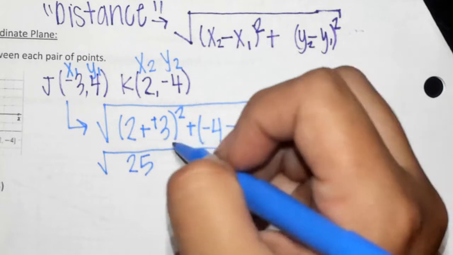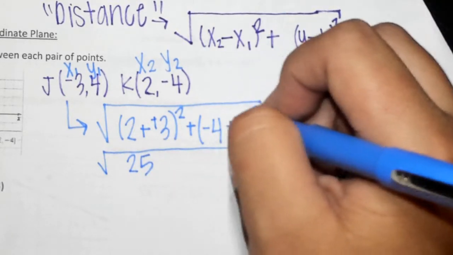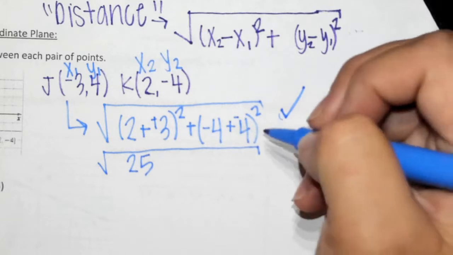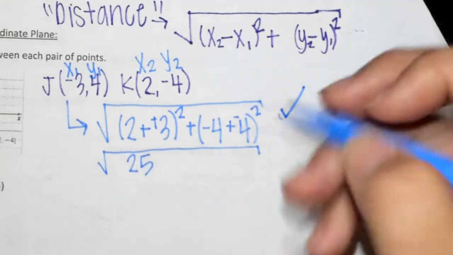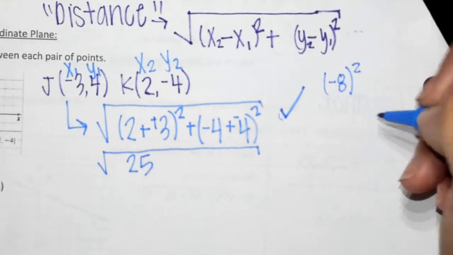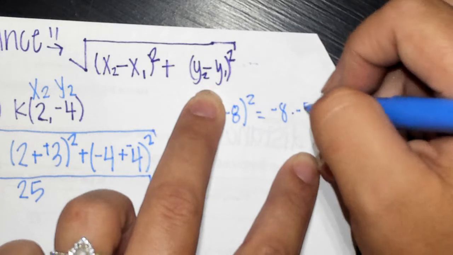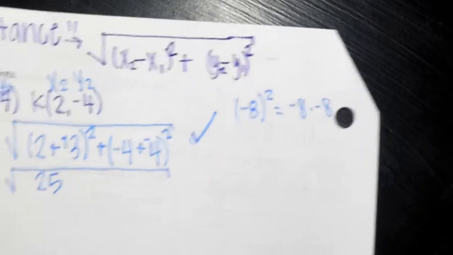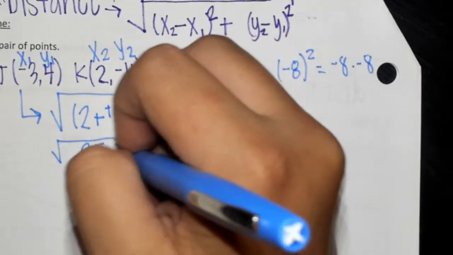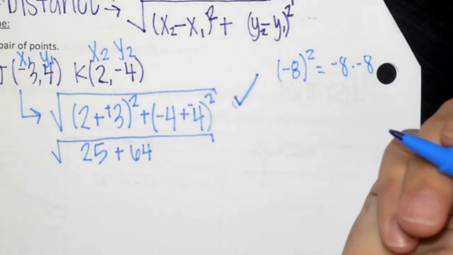So 2 plus 3 is 5, 5 squared. -4 minus 4, keep it, switch. So that becomes -8. Be very careful. Side note, -8 squared means multiply -8 twice, right? Two negatives make a positive. 8 times 8 is 64.